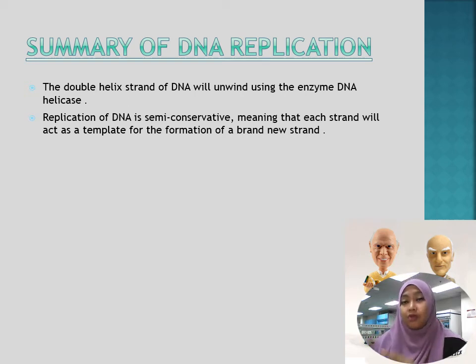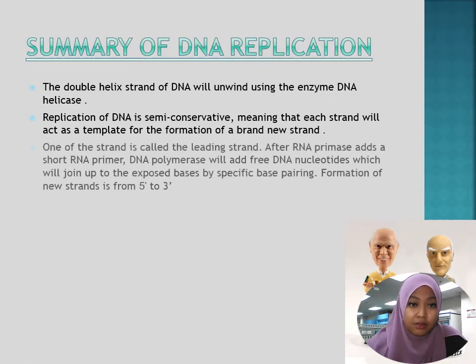The original one separates to become two, and then the new strand is formed on the other side. So the original one becomes a template, or parent strand, and the new one is identical. Right, so here we have two strands.